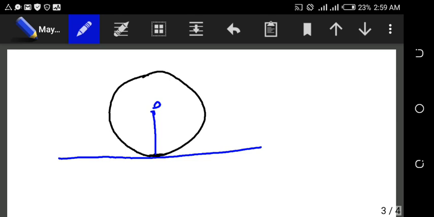So the theorem is saying that the tangent, in this case, if we call it A, B, C, the tangent ABC is perpendicular to this radius, and when two lines are perpendicular, it means that an angle of 90 degrees is formed in between them. In other words, there is a 90-degree angle formed here.